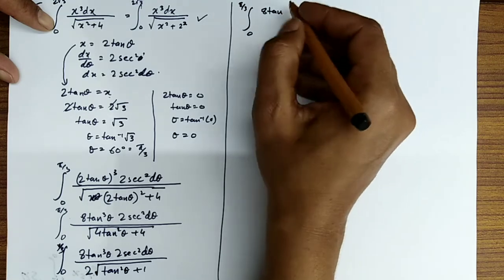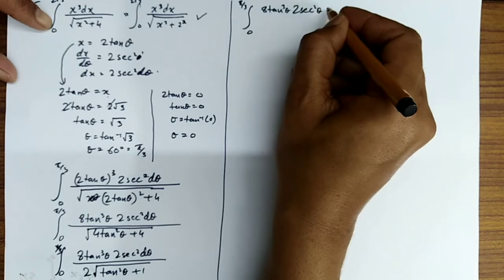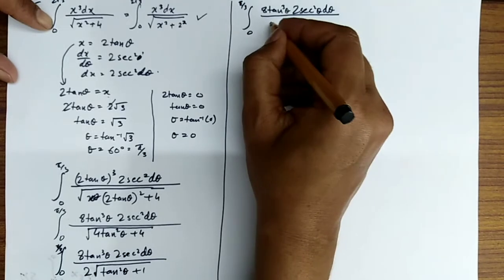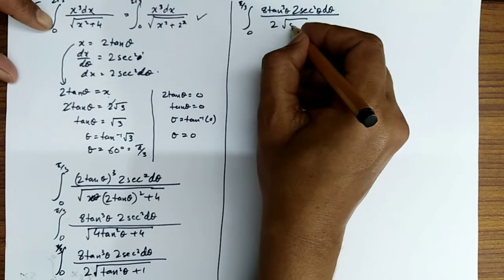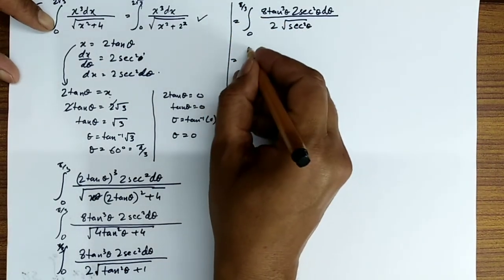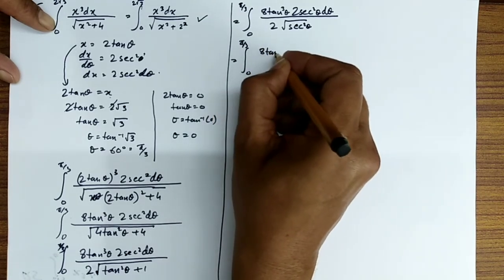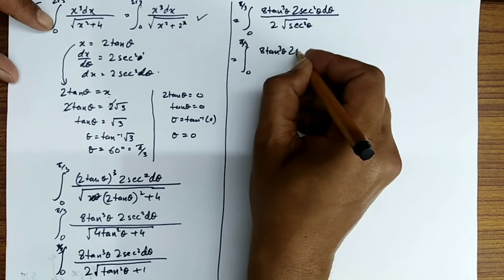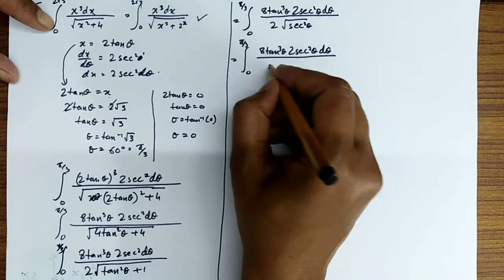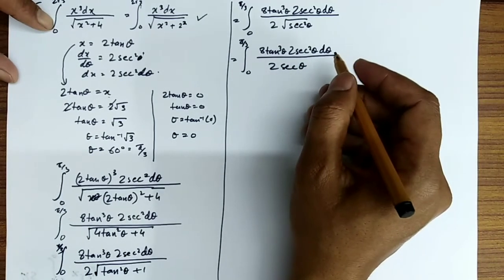Eight tan cube of theta 2 sec square theta d theta whole divided by 2 under root sec square theta. Okay, so further integral 0 to pi upon 3, 8 tan cube of theta 2 sec square theta d theta whole divided by 2 sec theta, right?